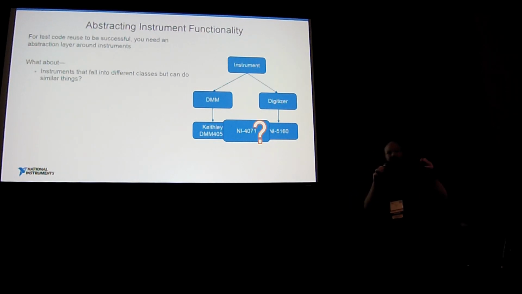Traditionally you would separate all of your instruments into their product class, if you will. And so when you have a unique instrument that overlaps, that's very difficult to manage.